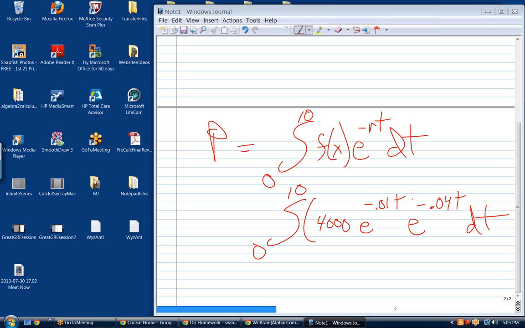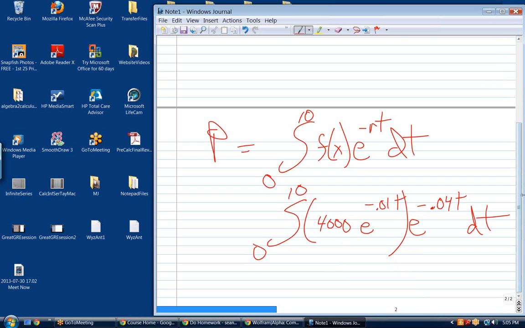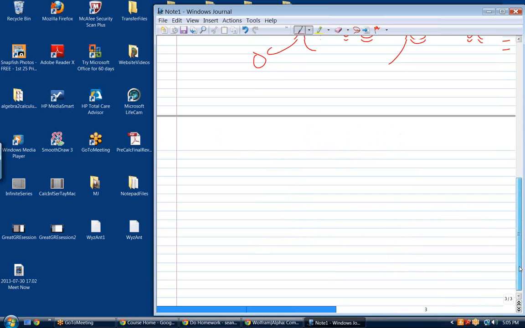Yeah, this is the function, and it's supposed to be the function times e to the minus rt. Well, r is 0.04, so this should be right. And this is the same as before we put it into Wolfram Alpha.